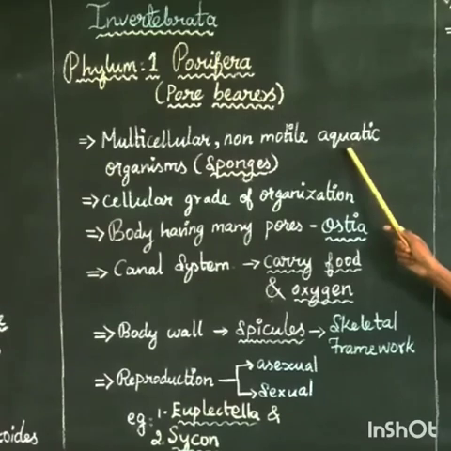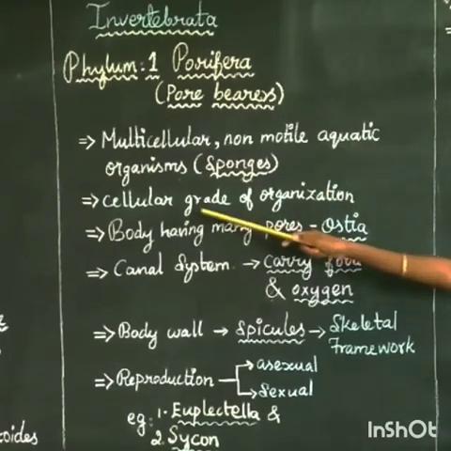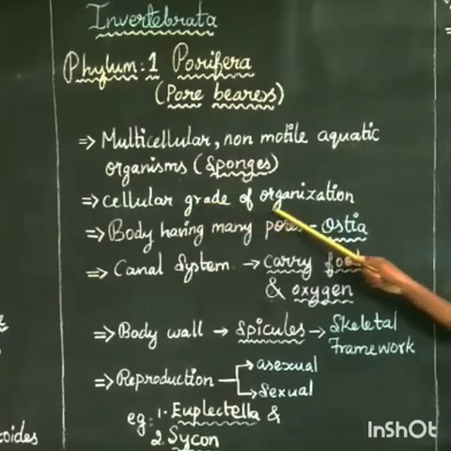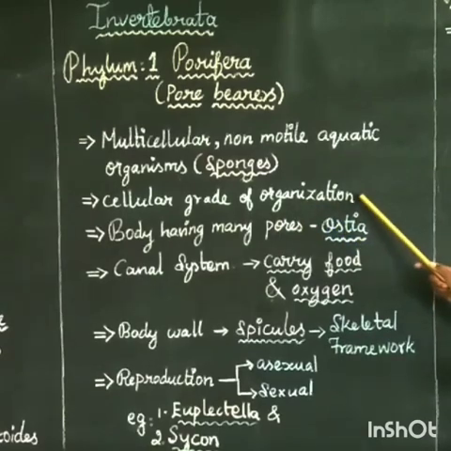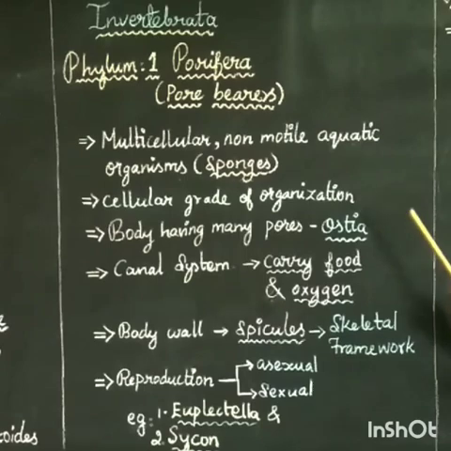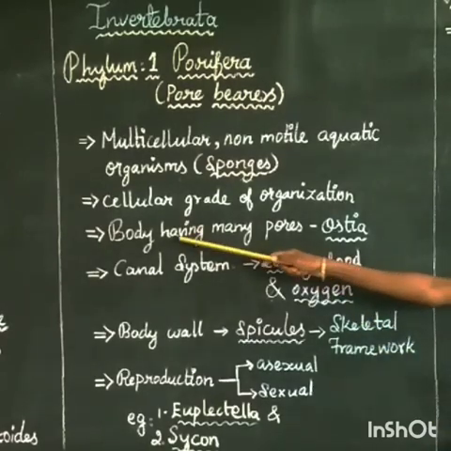Then the second one, cellular grade of organization. What is meant by cellular grade of organization? Here the cells are somewhat loosely packed, so it is called cellular grade of organization. Then the third one, the body has many pores.